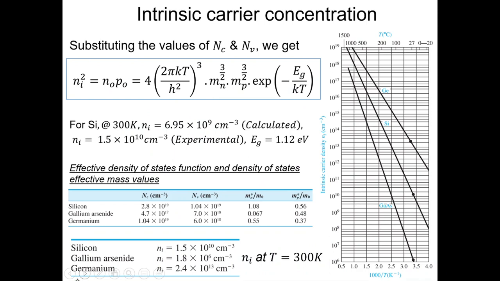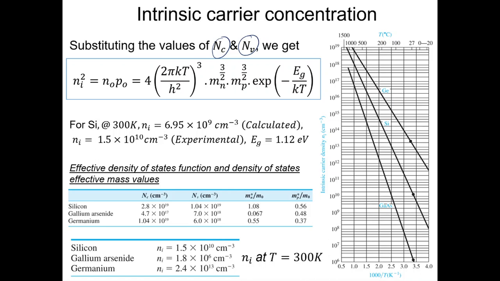So if you feed all those values back, if you feed the value of NC and NV here, as we have seen, the value of NC and NV also depends on the temperature. So if we are talking about Ni in terms of temperature, it's important that we further write NC and NV in terms of effective mass and the temperature.